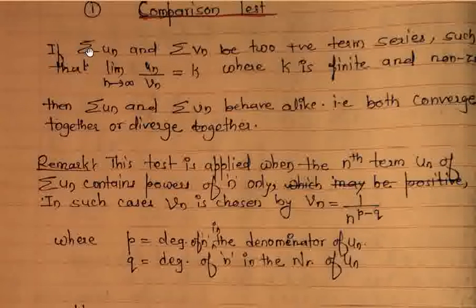So if the sum of un and the sum of vn are two positive term series such that the limit of un by vn as n tends to infinity is k, where k is finite and non-zero, then un and vn behave alike. Both converge together or diverge together. So this ratio here, now it's a comparison because you're comparing these, and it's like a ratio, so both of them behave alike.